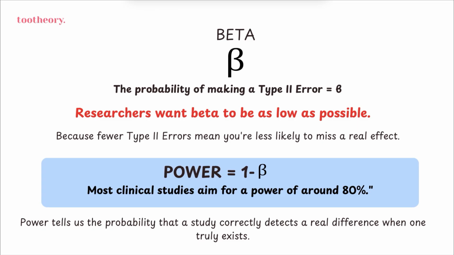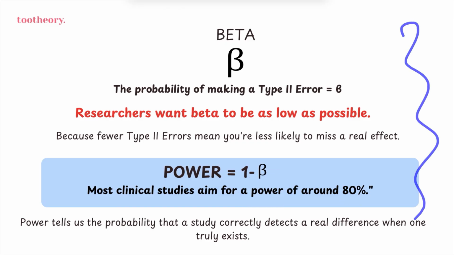Now, along with beta comes power. Power equals 1 minus beta, right? Power tells us how likely a study is to correctly detect a real difference when one truly exists, right? And most clinical studies aim for a power of about 80%.